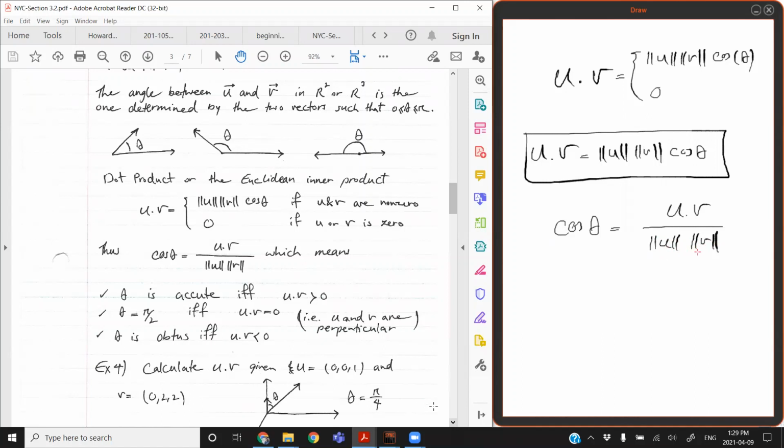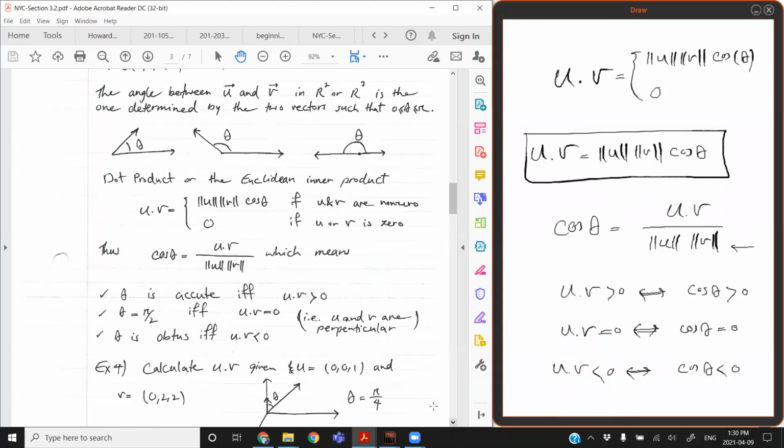So if U dot V is positive, then cos theta is going to be positive. And if U dot V is 0, then automatically cos theta is going to be 0. And if U dot V is negative, then that is equivalent to cos theta being negative.